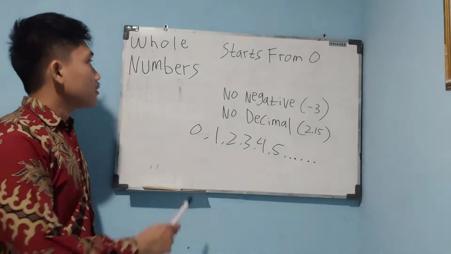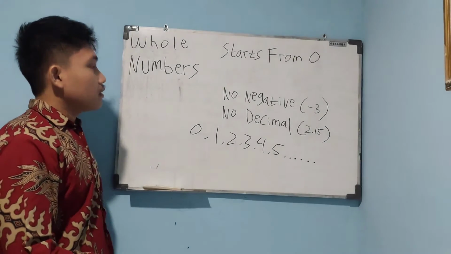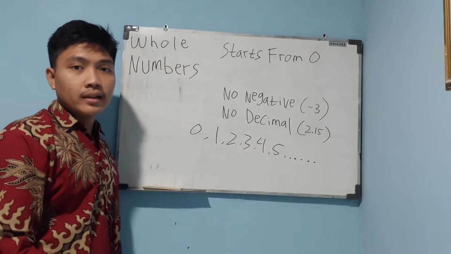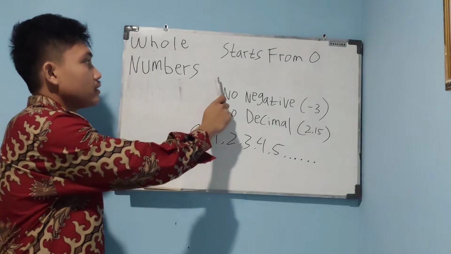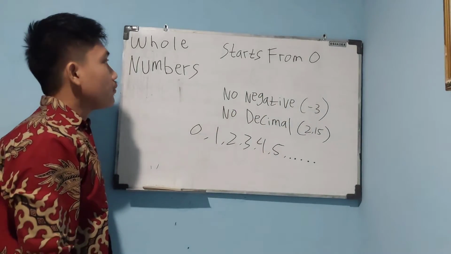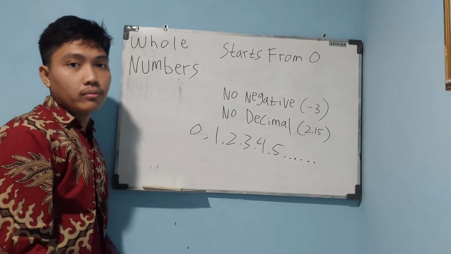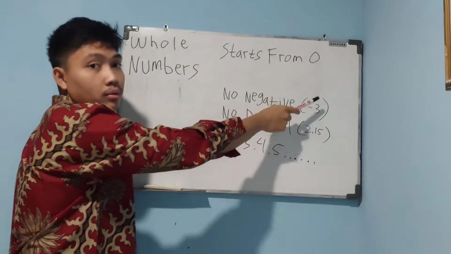And the second is whole numbers. It's the same as natural numbers, but it has a difference. Whole numbers start from 0, right? So if natural numbers start from 1, whole numbers start from 0.